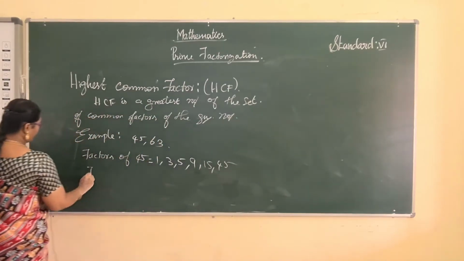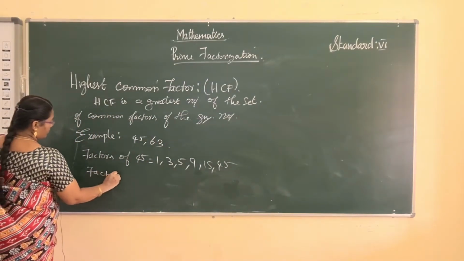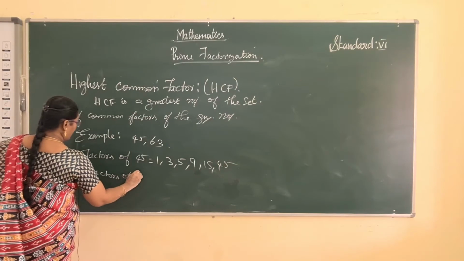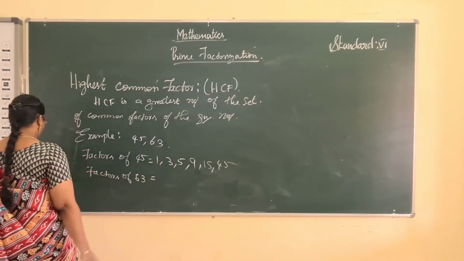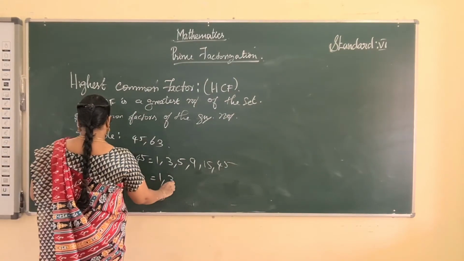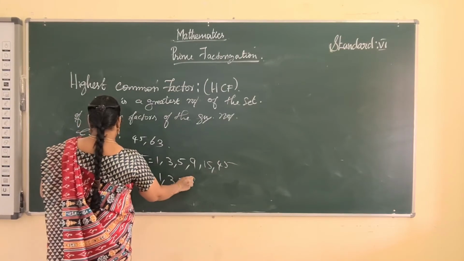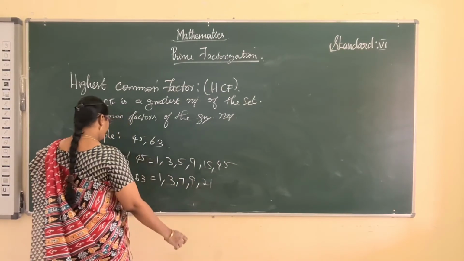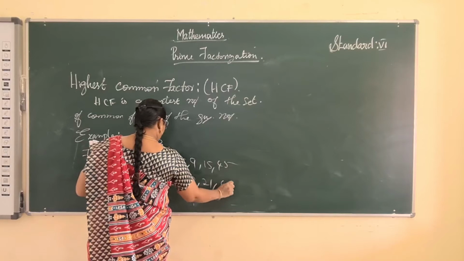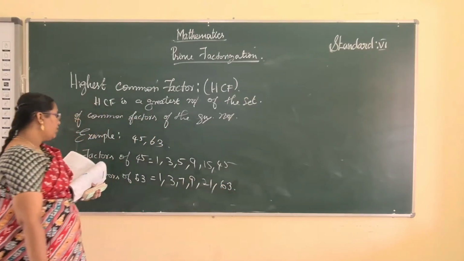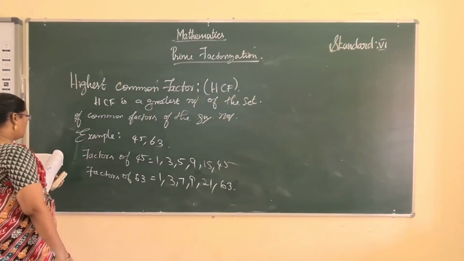And next, the factors of 63: 1, 3, 7, 9, 21 and 63. These are the factors of 63.